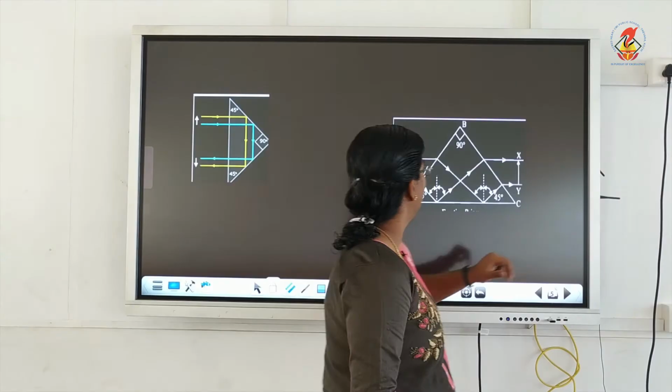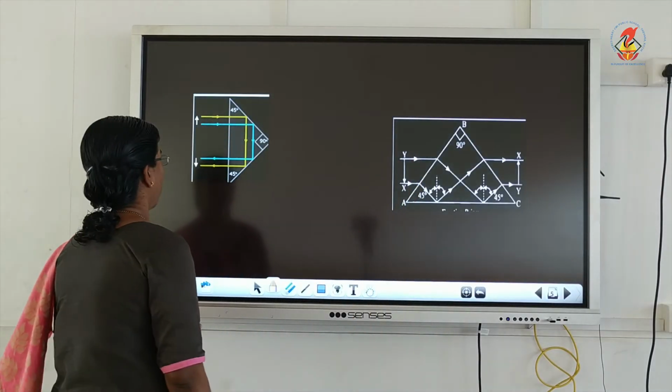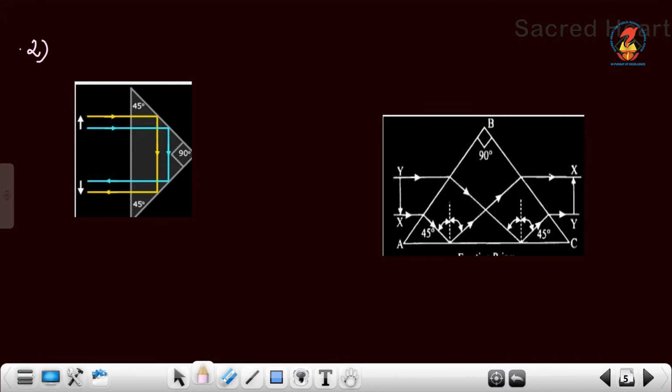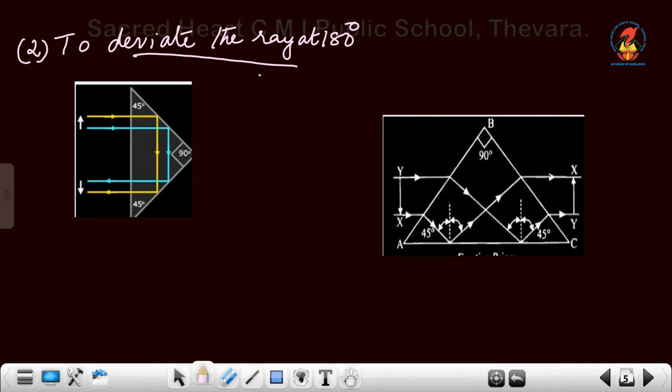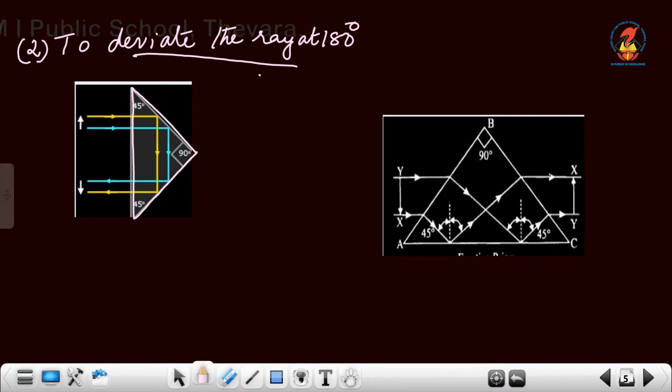The next application of a total reflecting prism is to deviate the ray at 180 degrees, which means the angle between the incident ray and the emergent ray will be 180 degrees. For this, the light is made to fall on the hypotenuse face of the prism.